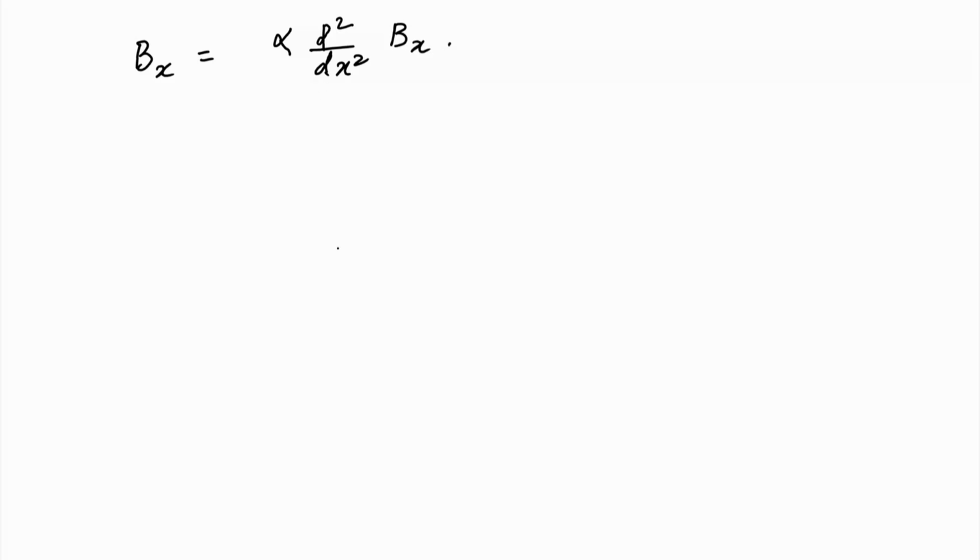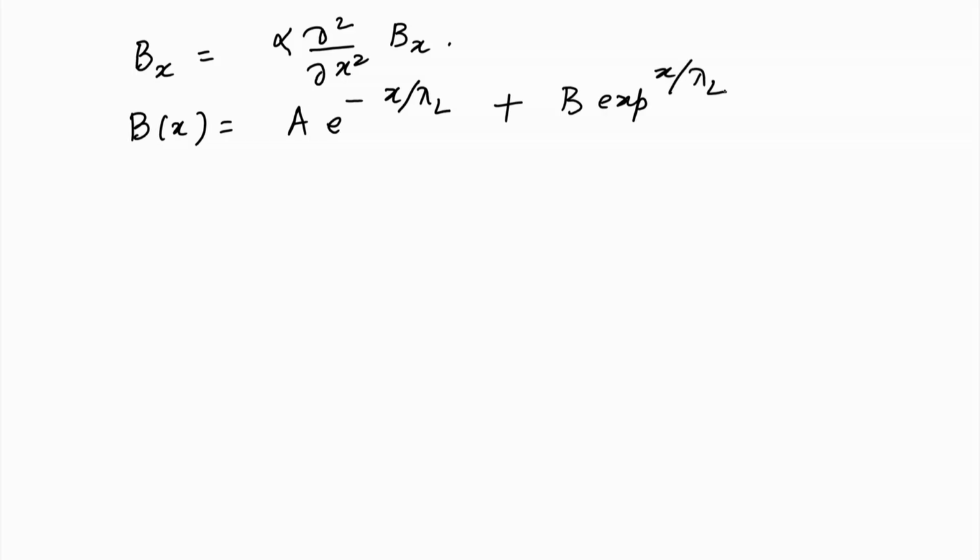This is really a partial differential equation, and it has a simple solution which can be written as A exponential minus x over lambda_L plus B exponential x over lambda_L, where alpha is lambda_L square.